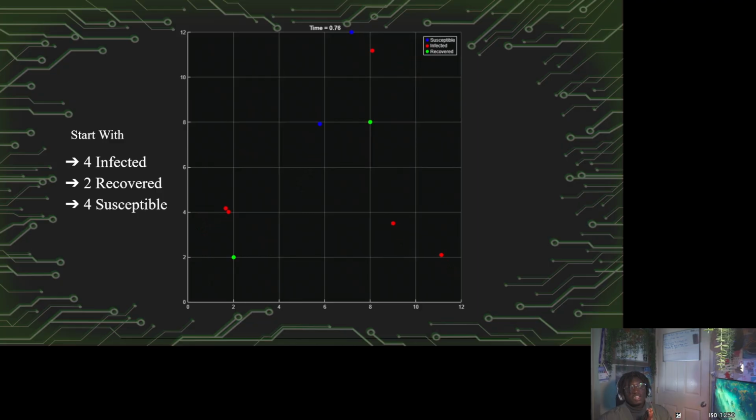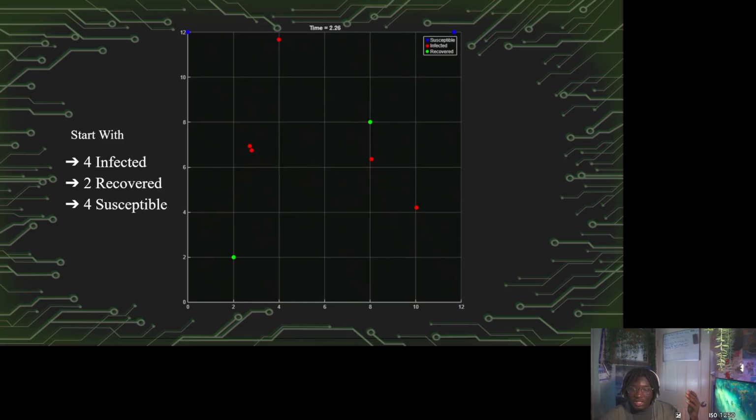All right, so first here we've started with 4 infected, 4 susceptible, and 2 recovered. You may be watching this and asking, where's the other susceptible? I don't see it. Neither do I. However, when screen recording or exporting animations in MATLAB, if you don't capture enough frames, some parts may be missing.